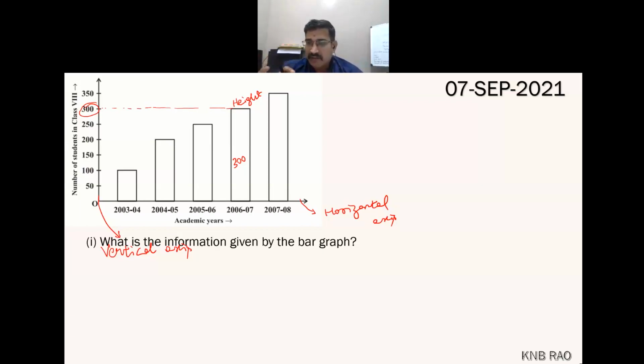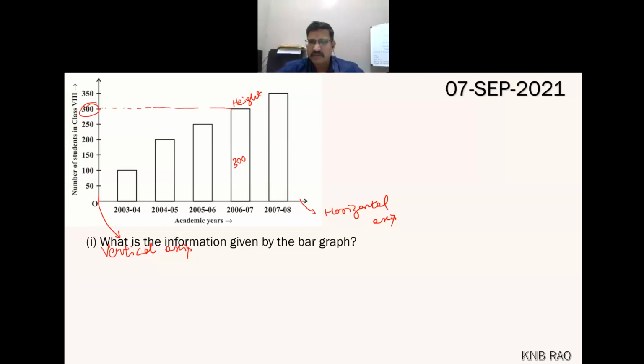For 5 continuous years, it is given. Reading a bar graph means observing the bar graph and answering questions, which we call interpretation of the bar graph.